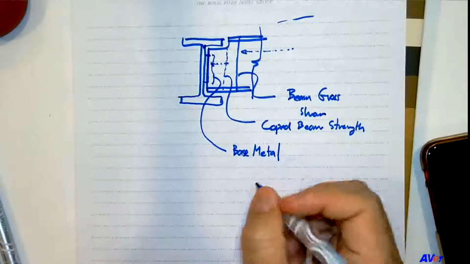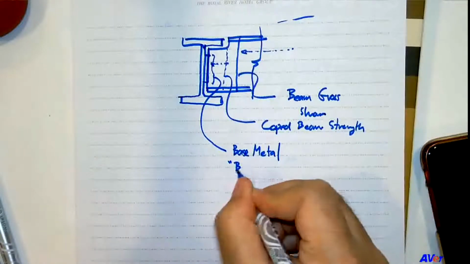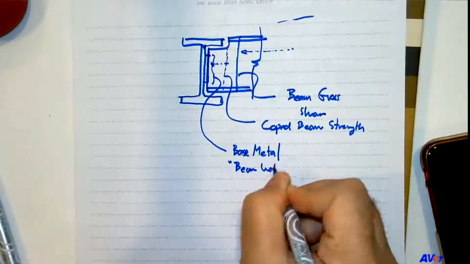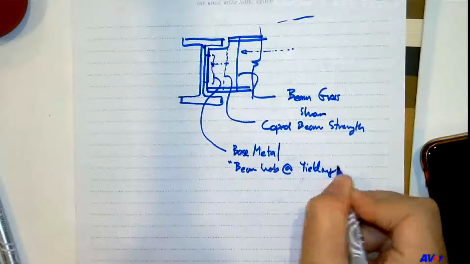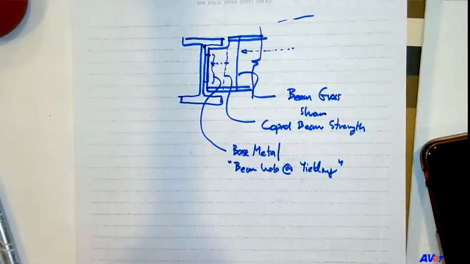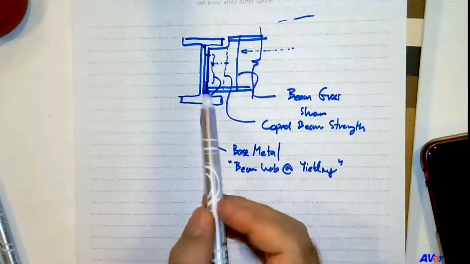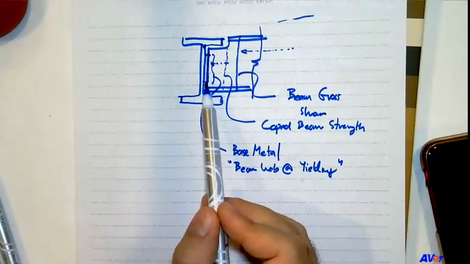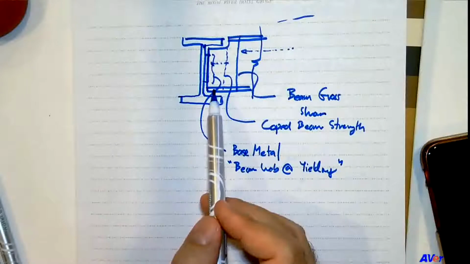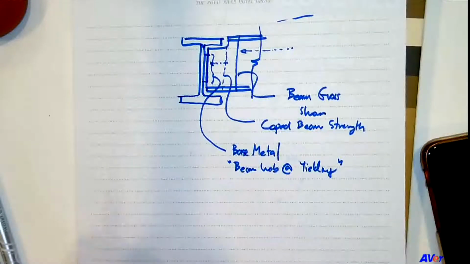The base metal, that is the beam web at yielding. Right? So now, this is the point where you cannot design the weld to be stronger than the beam web because of the base metal issue, right?